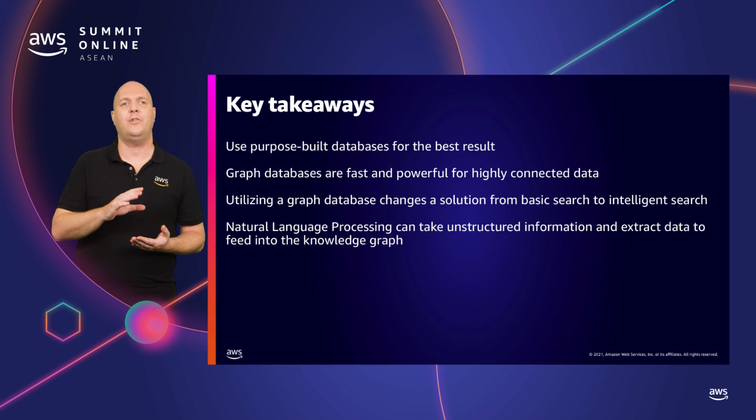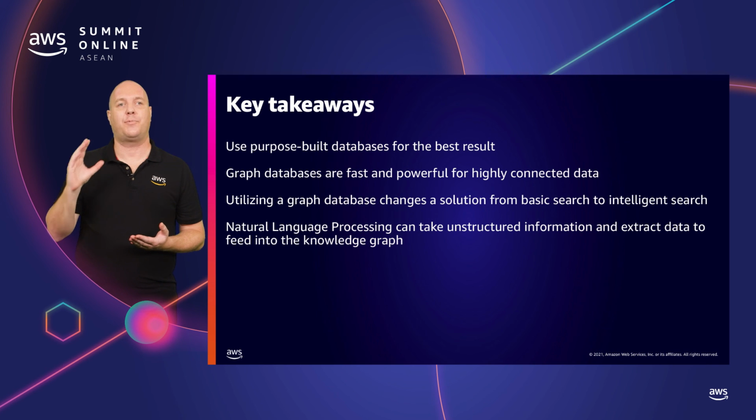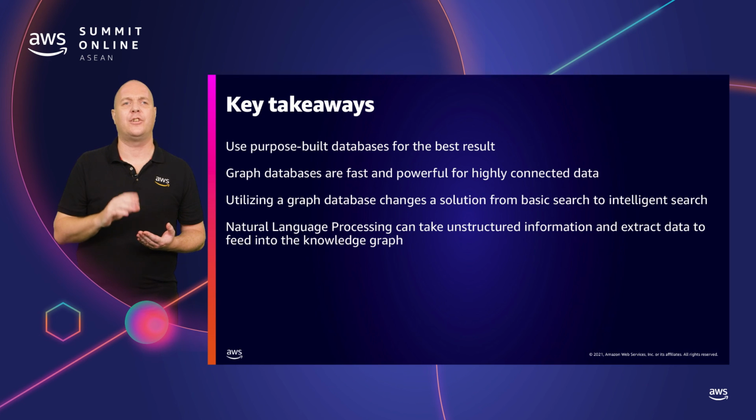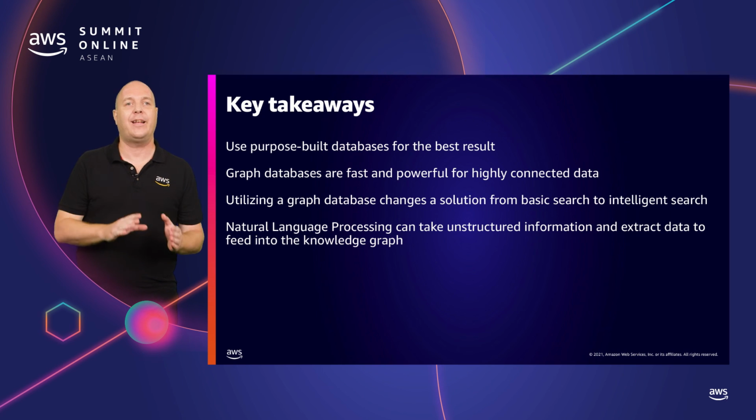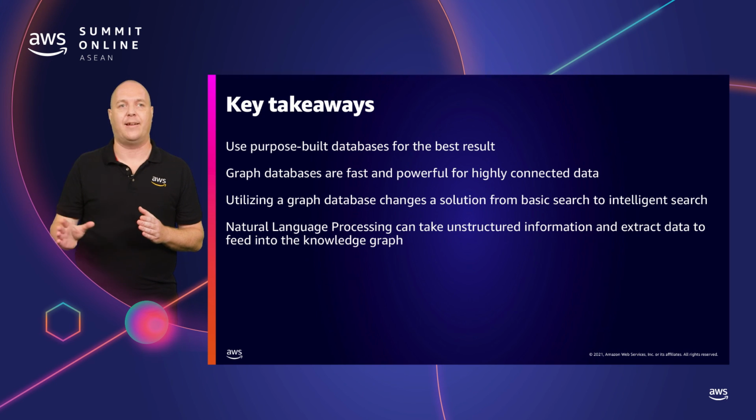And Charles showed how natural language processing is a key component of knowledge management. So in short, I'd encourage you to use graph databases with Amazon Neptune, supported by the Amazon Elasticsearch Service, for your use cases with highly connected data.